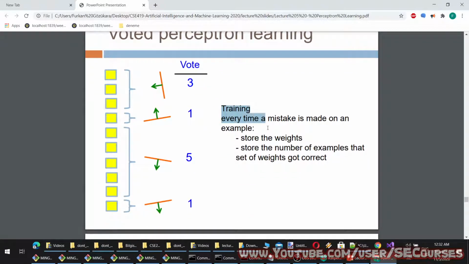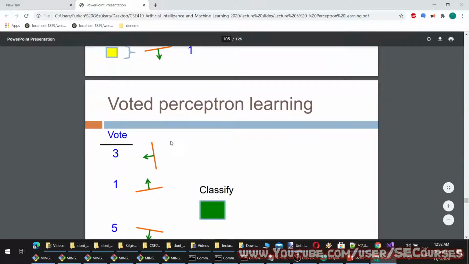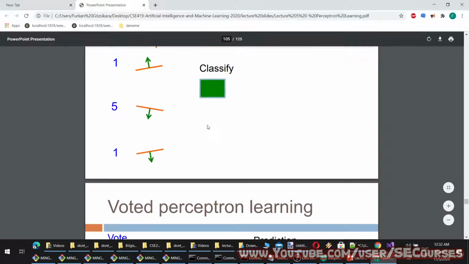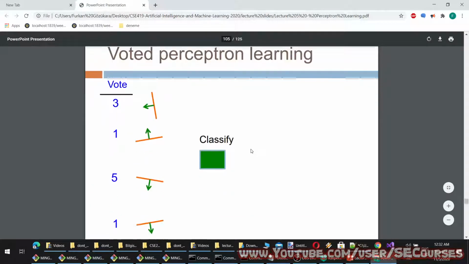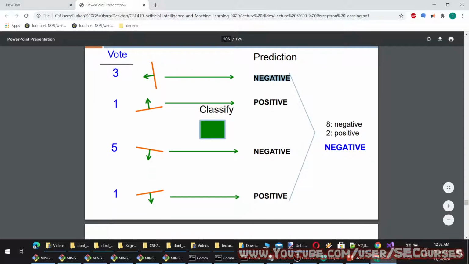Okay, so vote 3, vote 1. You see the weight changes, vote 5 and vote 1. So based on the weight update, whichever has the most votes is the best one to pick. So the prediction is 8 negative and 2 positive.